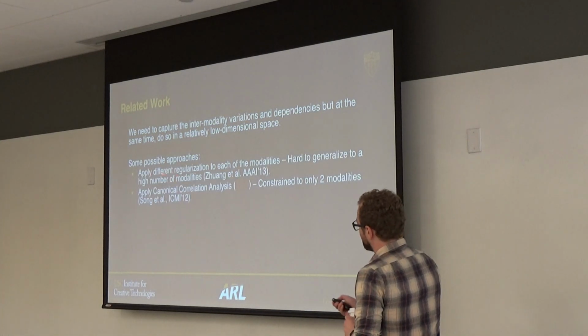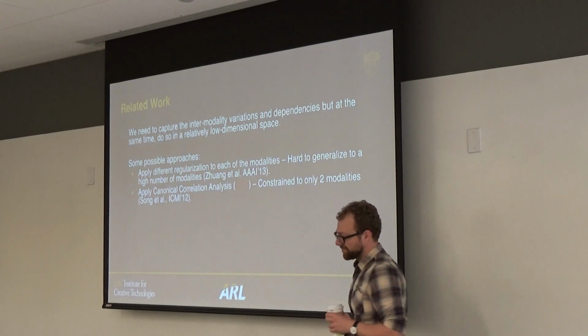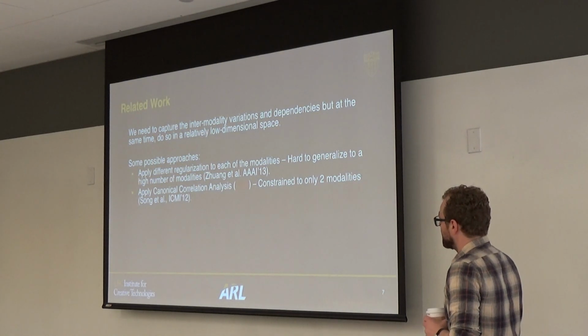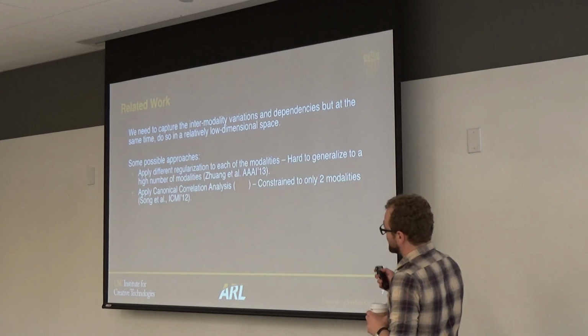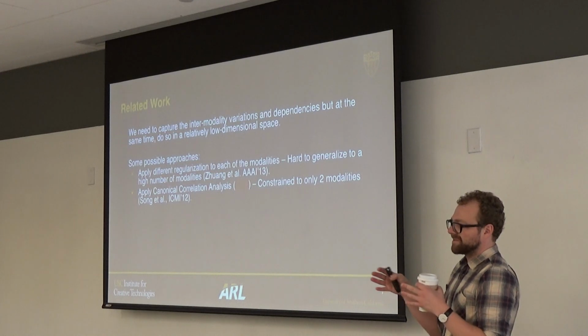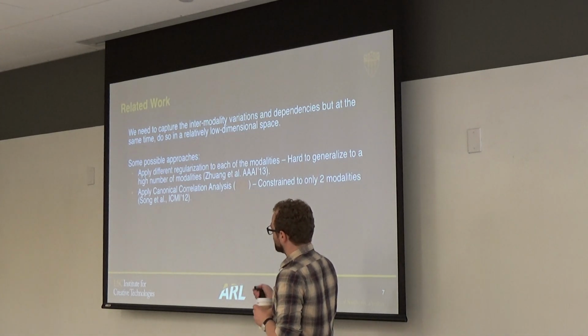To continue, there's this thing called canonical correlation analysis that was introduced, and that one is pretty exactly what we need. This is similar to PCA, but it's not exactly following the same principles.